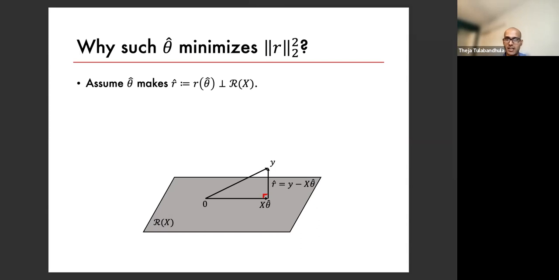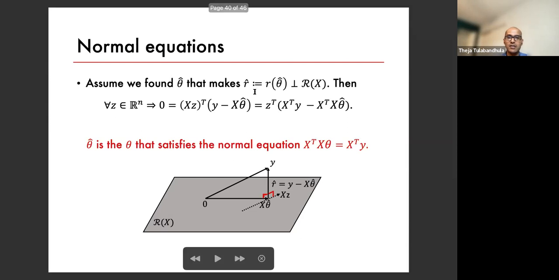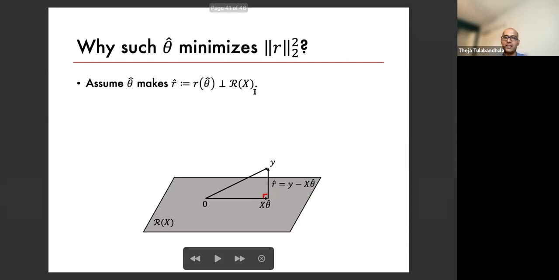That's how we show that the theta that makes the residual perpendicular to the range space is the one that minimizes this objective here. So let's start with theta hat, which makes a residual perpendicular to the range space. Any other theta is going to produce a bad residual vector, in the sense that it will blow up this number here, the objective.